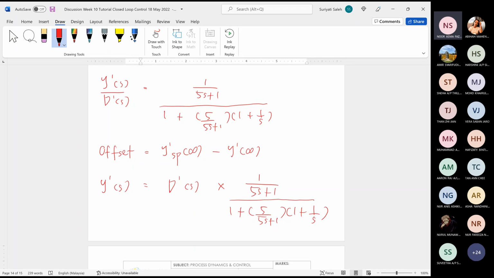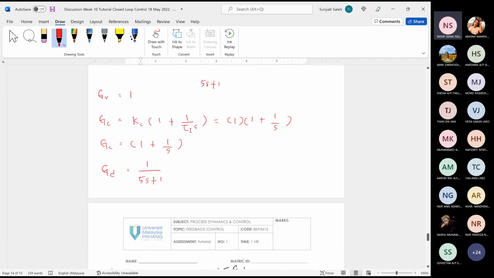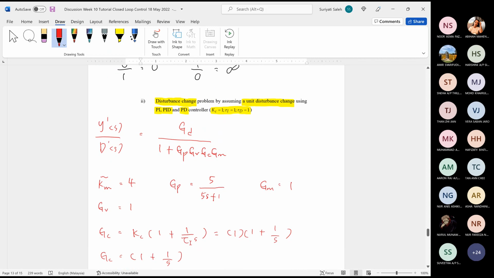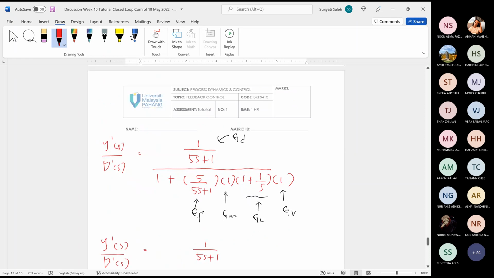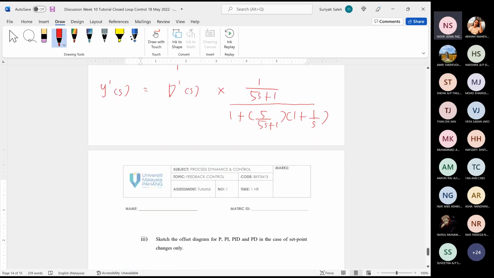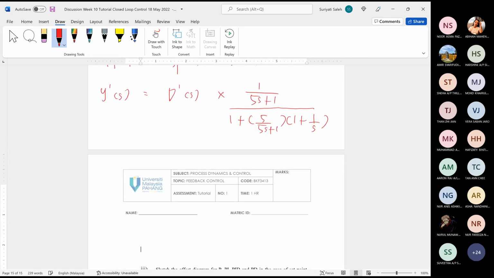In this case, if we look at the question, assuming a unit disturbance change, the magnitude of the disturbance has been given, which is equal to 1. So similarly, d prime s equals 1 over s.